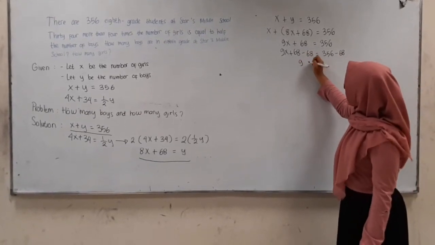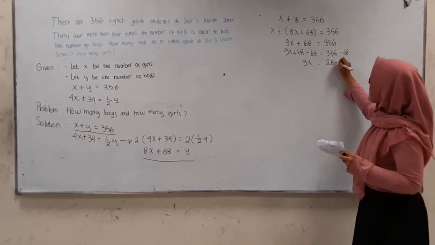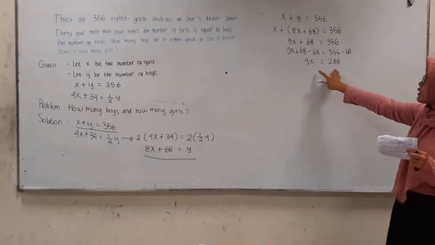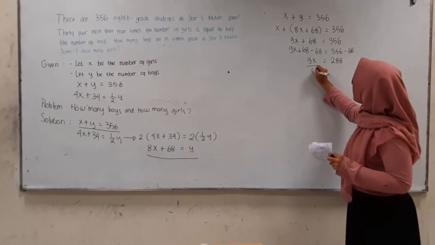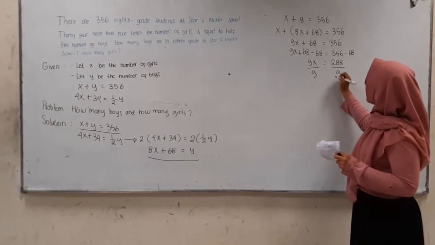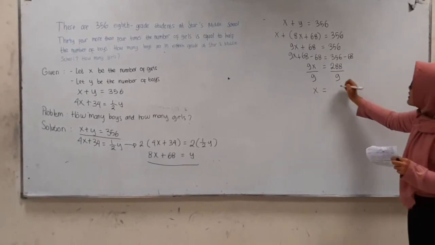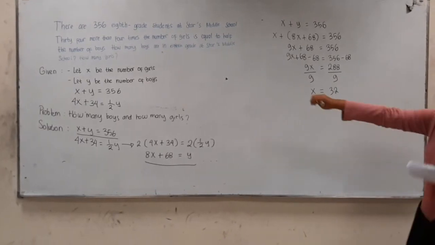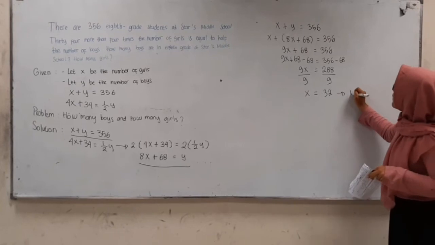So 9x equals 288. And then we divide both sides by 9. So x equals 32. As we can see in the given, x is the number of girls.